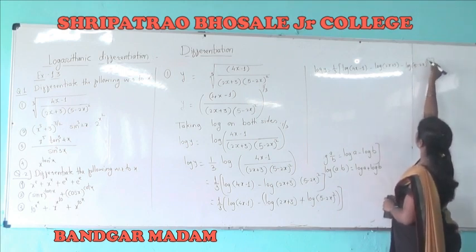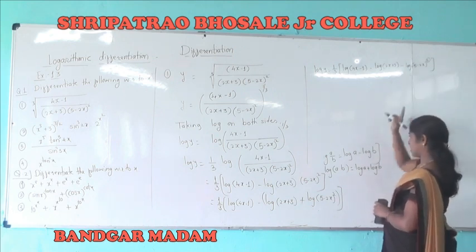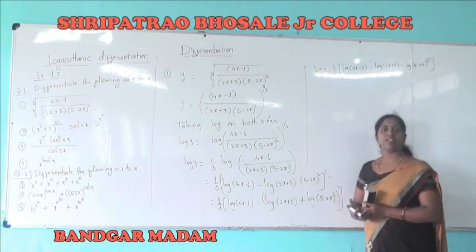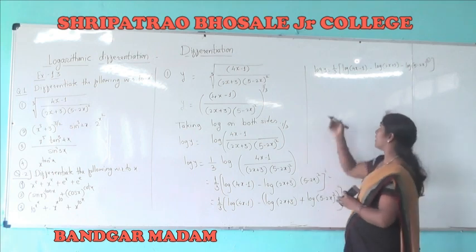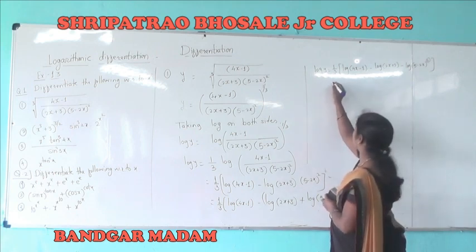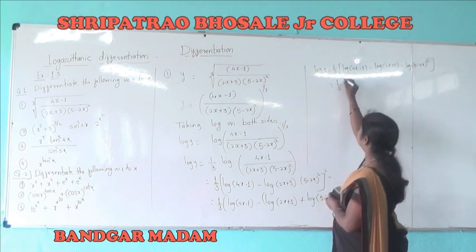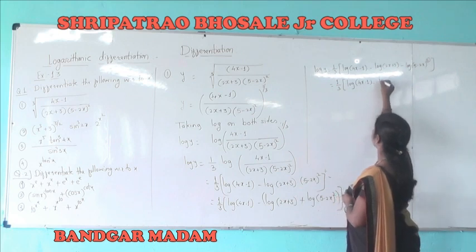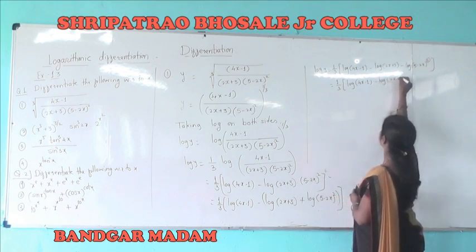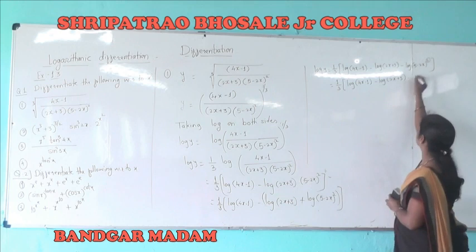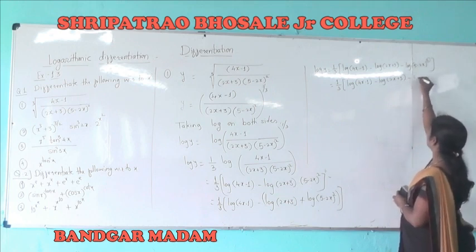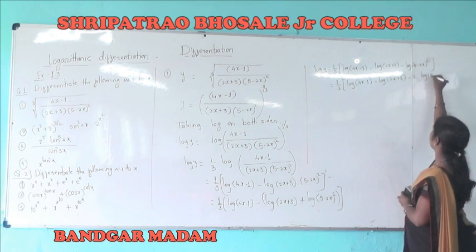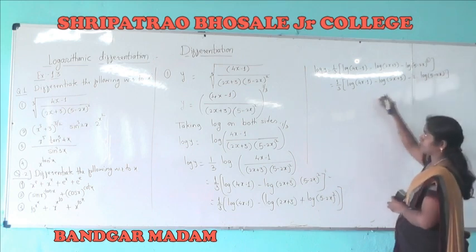Now this power 2 will be the coefficient by using the property of logarithm, log of a raised to b is b into log a. So we get log y is equal to 1 by 3 log of 4x minus 1 minus log of 2x plus 3 minus 2 into log of 5 minus 2x.